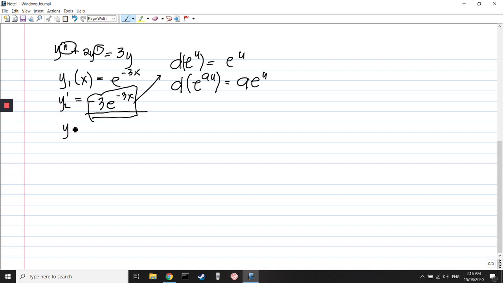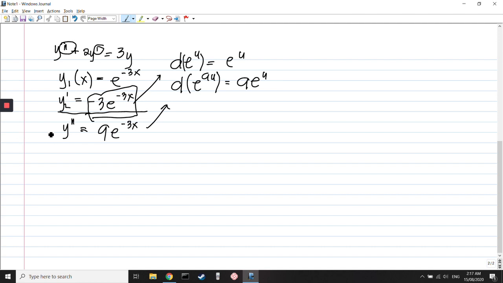So y double prime is simply the derivative of the first derivative. Its second derivative is 9 times e raised to the power of 3x, applying this rule again.